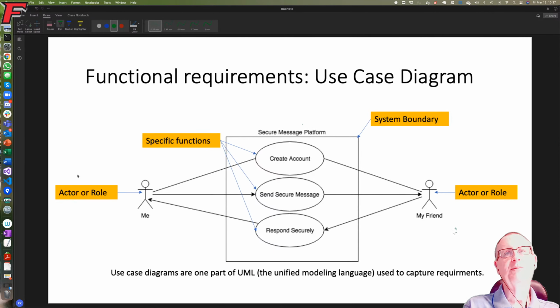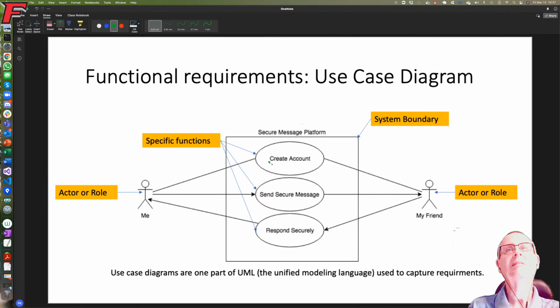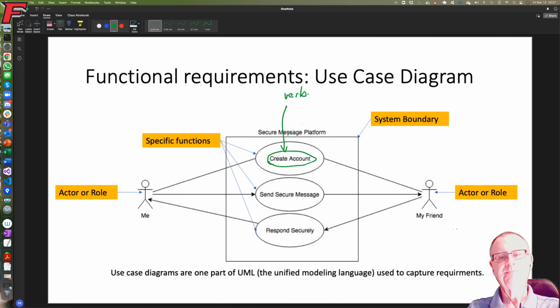And then you've got to figure out what the use cases are, right? And each use case is going to have at least, it needs a verb, a doing word, and some description of what it's actually doing. And then the other piece or pieces are, who is it doing it for?